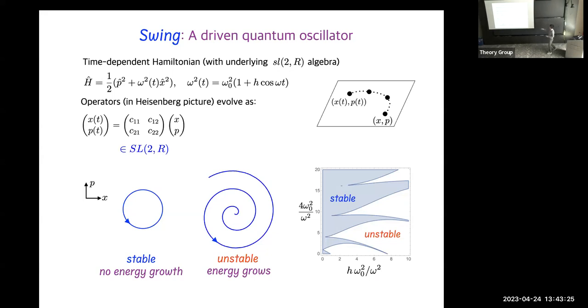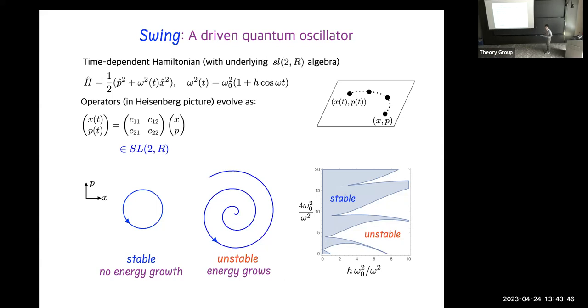So in this problem, we can tune the driving frequency omega and also the driving amplitude h. As we tune these parameters, we can find this operator evolution has two different behaviors.